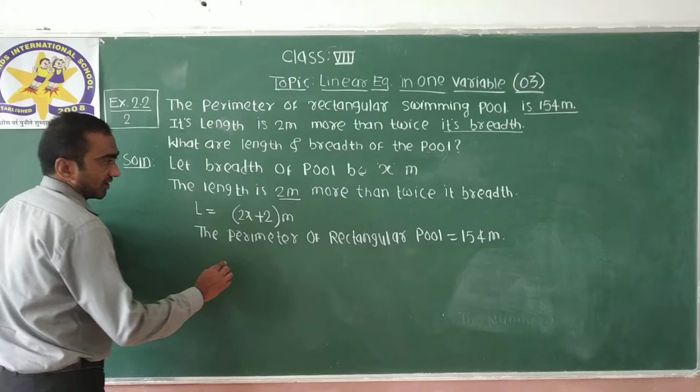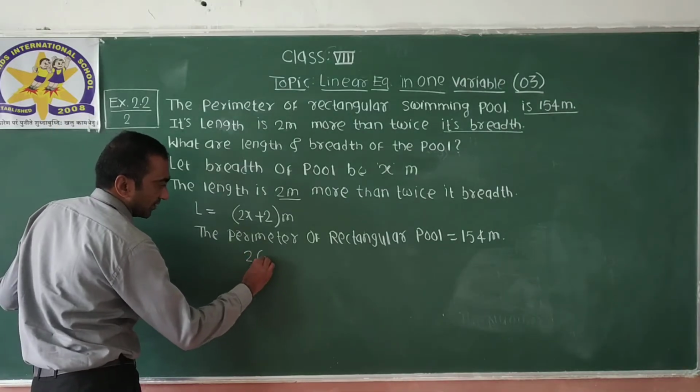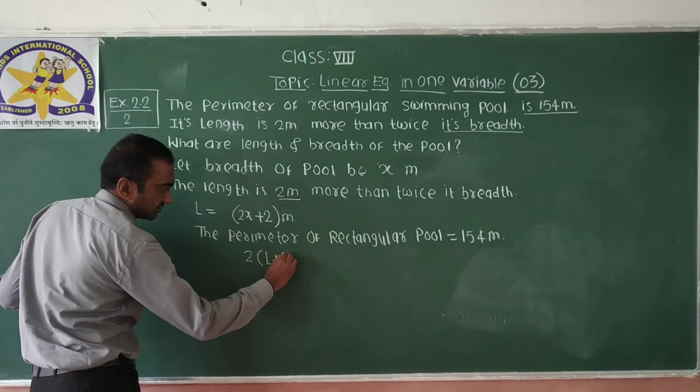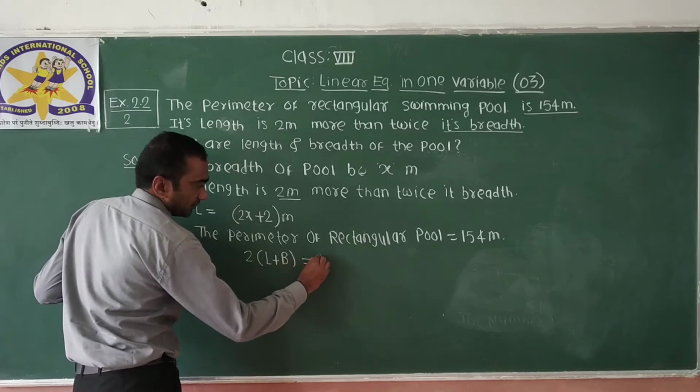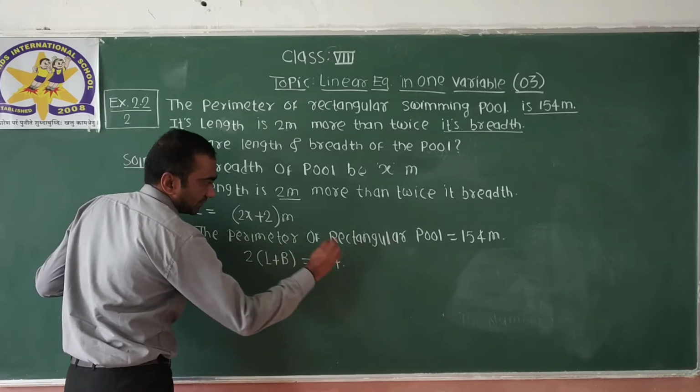So the perimeter of rectangular pool formula, 2 multiplied by length plus breadth, equals to 154 meter.